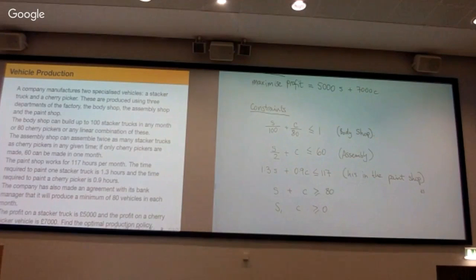If you don't have this, and you do S equal to 100 and C equal to minus 20, then you still get a feasible solution. Maybe you don't get this, but something like that. Is that right? Okay. So you could get negative values, and you can't get negative values in the interpretation, obviously, because you can't build negative numbers of cherry pickers.